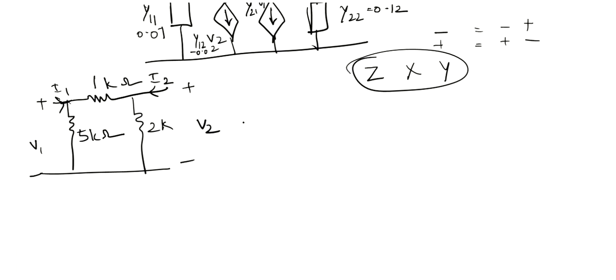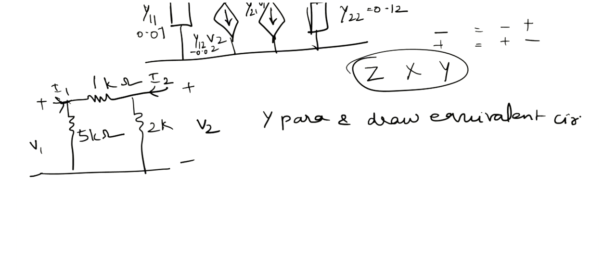The question is to find the y parameter equivalent and draw the equivalent for this sum. So first you are going to find the y parameters. How many meshes are available? Yes, three meshes. I1, I2 flowing anti-clockwise, and this will be your I3 current.